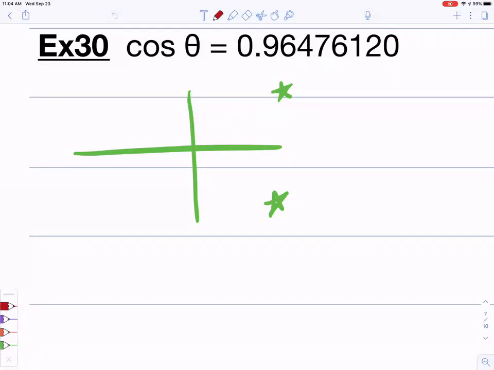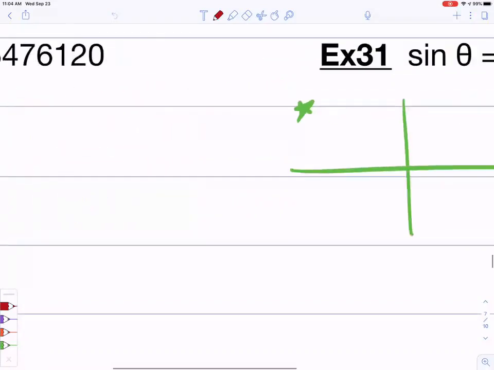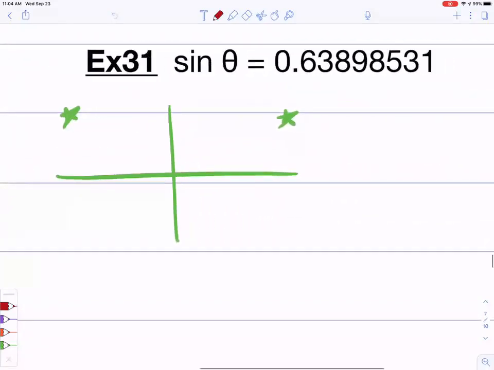Yeah, so we were thinking of all students take calculus. We noticed that it says cosine of theta is equal to something positive. And so we just asked ourselves, well, where are all of my cosine values positive? And that's the same thing as asking where are all of my x values positive. Same thing with number 31, only we were looking at sine values in this case that were positive.